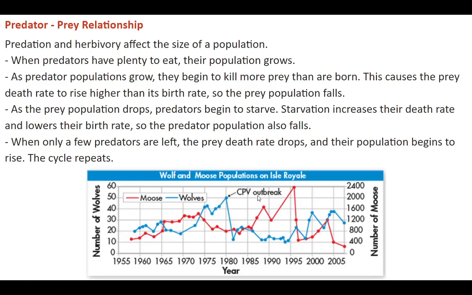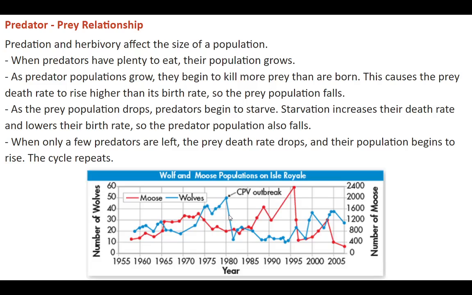It's crazy. Here is a graph of an island called Isle Royale, which is, I think, somewhere in one of the Great Lakes. And on this particular island, there is a population of moose and a population of wolves. And it's a really great place to study this kind of stuff because new wolves don't get there and new moose don't get there easily. So you can just do an annual count of both and realize that this isn't due to any immigration in or out.